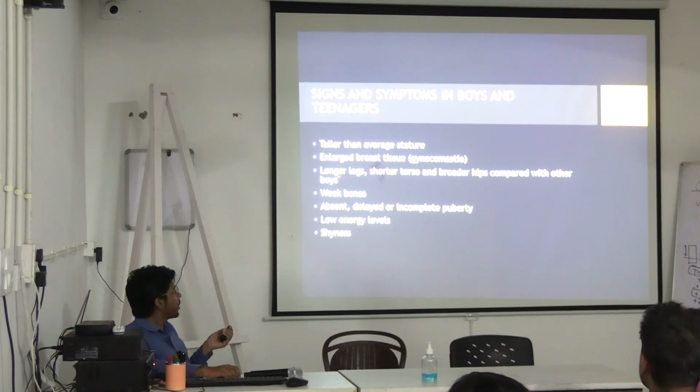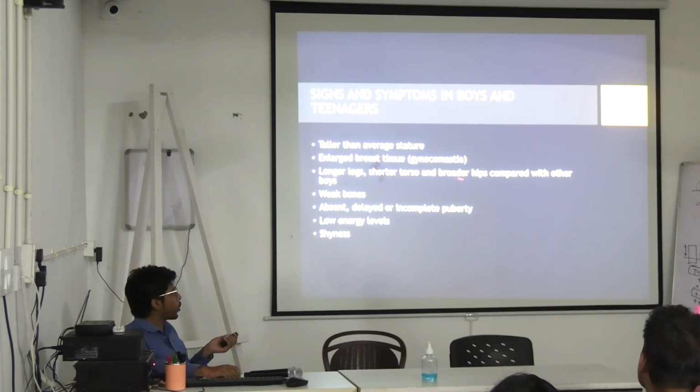Gynecomastia, longer legs, shorter torso and broader hips. Bones will be weak, absent, delayed or incomplete puberty, low energy level, shyness.